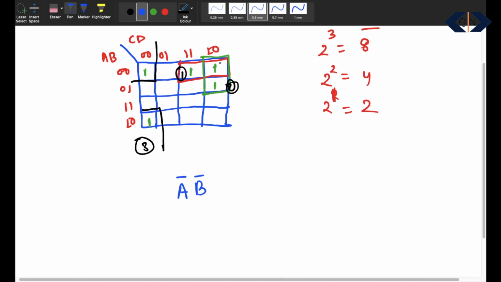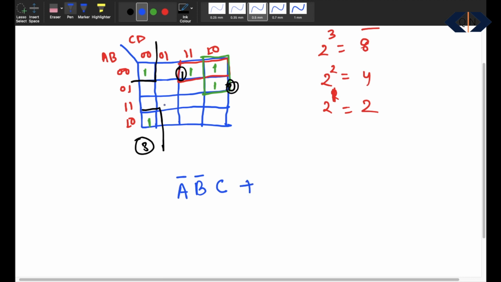Now here what is constant? C is constant and D is changing, so we will put C, and since C is 1, it will be C.